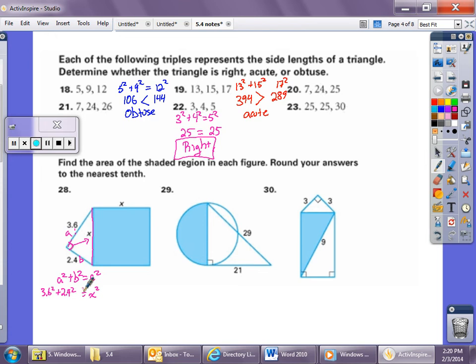So 3.6 squared is 12.96 plus 2.4 squared, 5.76, and then we add them together, you get 18.72 equals x squared, and you take the square root of that.